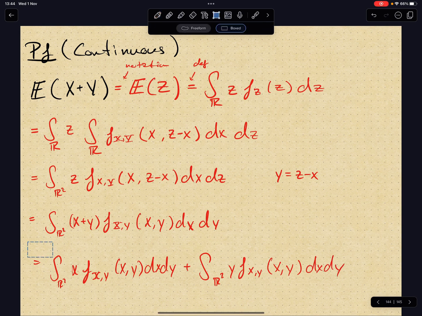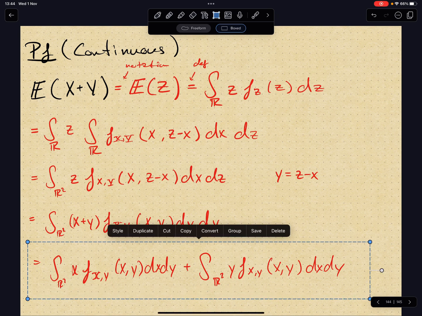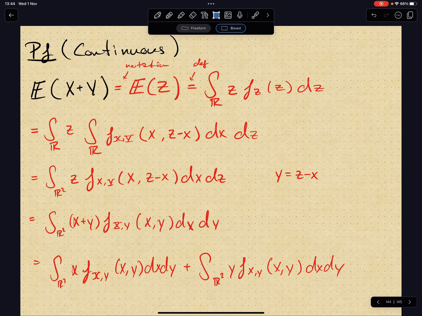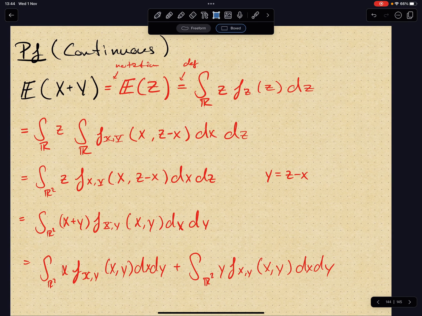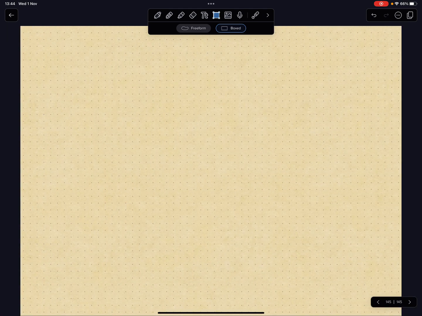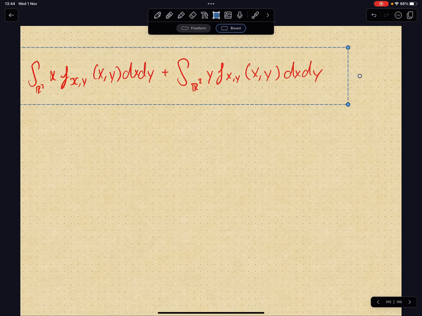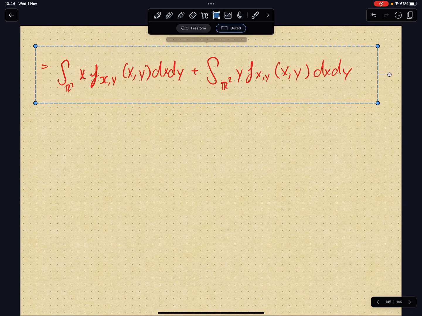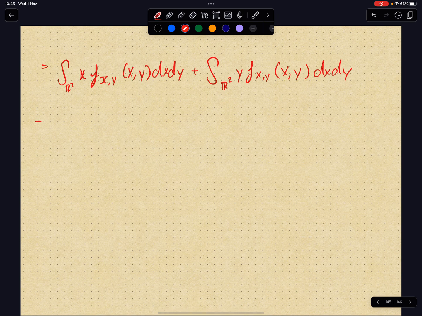And we're almost there. Here you should notice the marginals. We have two-dimensional integrals, and we're going to take one of them to create a marginal. For the first integral, we integrate over all the possible values of y, and we obtain the integral over R of x times f_X of x, dx.